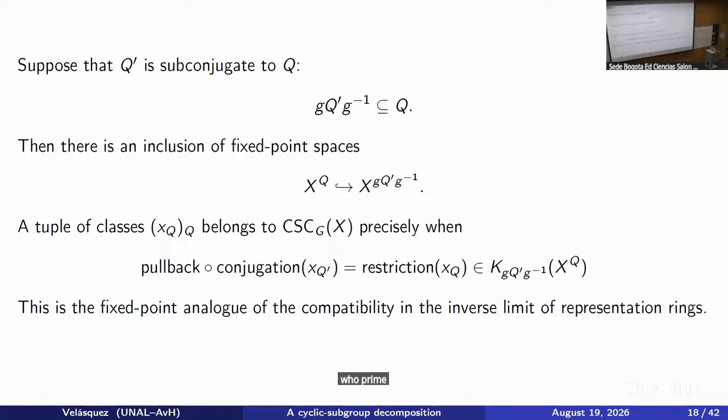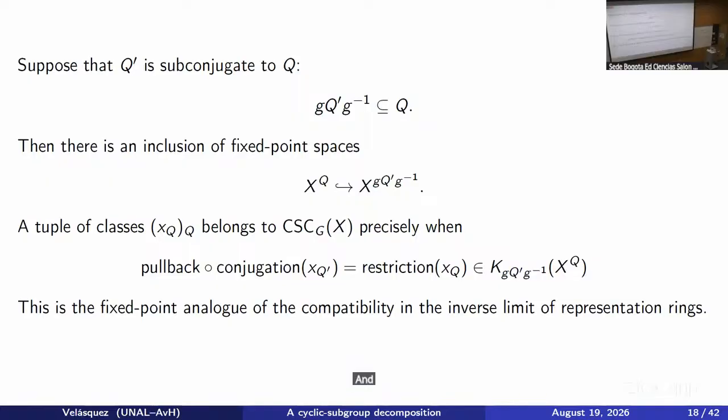Then conjugation, the group that acts is this one, and then we pull back the space along this inclusion, and the space is X_Q. And we can also take the Q component and take restriction of the group using this part. And then we impose the condition that both things are equal. Both these two maps are equal when evaluated in X_Q prime and X_Q. This is the compatibility condition.